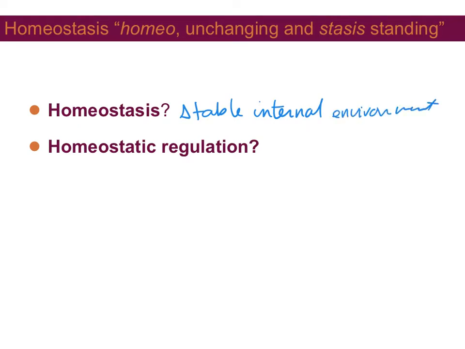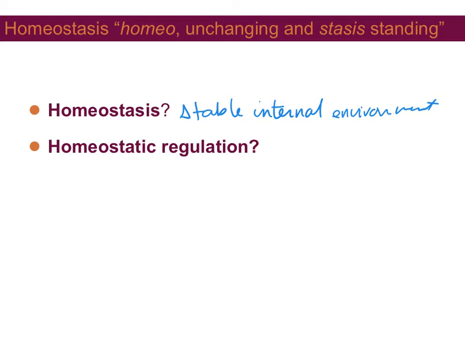So for all living things, there are certain conditions where they need to stay in order to survive. So if they get too far out of range, then proteins start breaking down, systems stop working, and that can be bad.